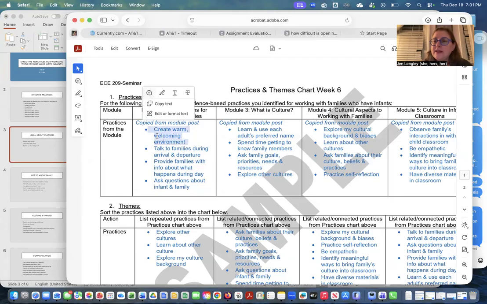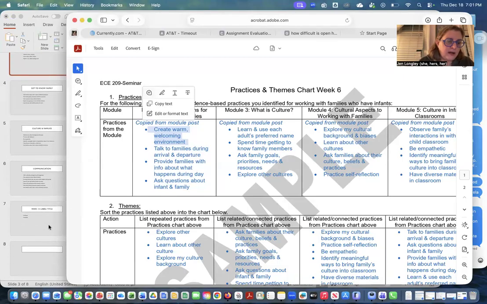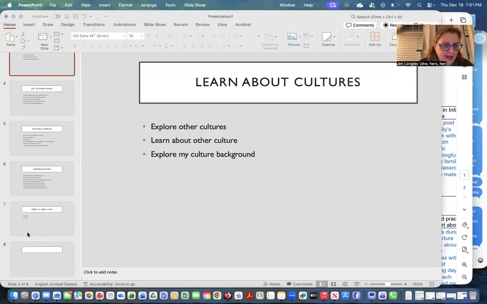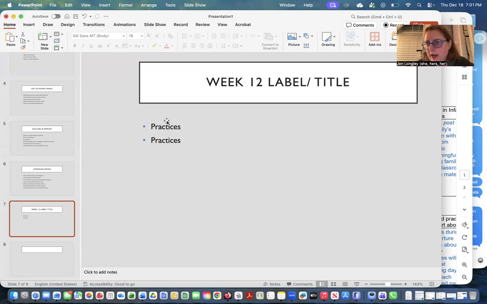Well, maybe that connects to something I have in week 12, in my week 12 chart. Maybe I have a label that says be welcoming. And so maybe I want to copy that and I want to put that here and say be welcoming, right? And you want to do the same thing for week 12, your week 12 chart.